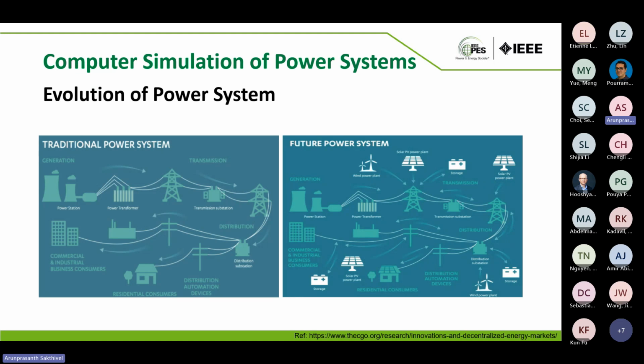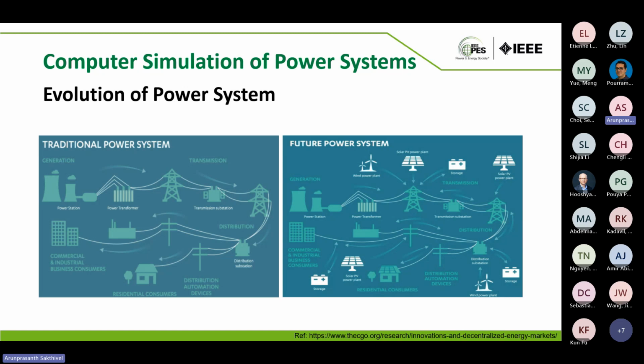Okay, so I put the picture here just to show you how the power system has evolved over the years. Back in the days, we were dealing with traditional power systems, which had centralized generation. Then the power was transmitted and distributed across the loads.